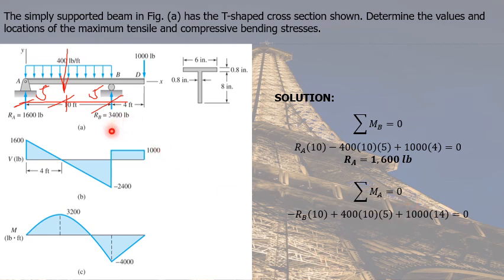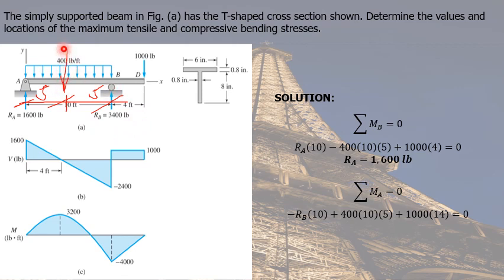For RB, it tends to rotate counterclockwise about point A, hence negative, and its perpendicular distance from point A is 10 feet. Again, for the uniform load, we simply multiply 400 by the distance 10 feet to get the resultant force.